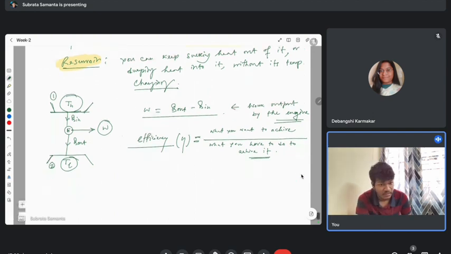This is a very general definition of efficiency. In this case, what you want to achieve is W, and what you have to do to achieve it is Q in.